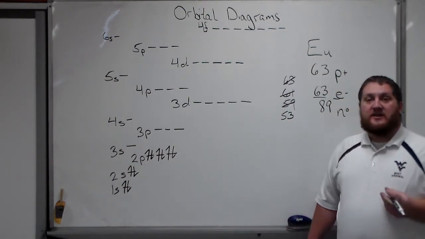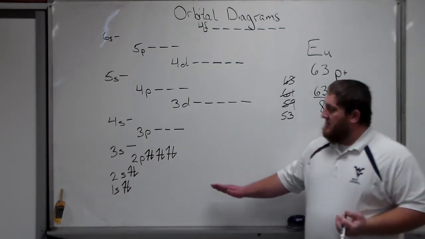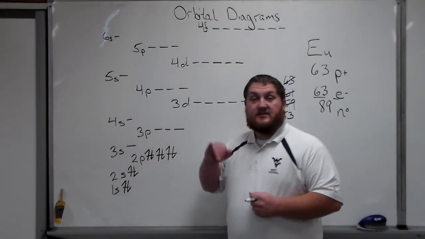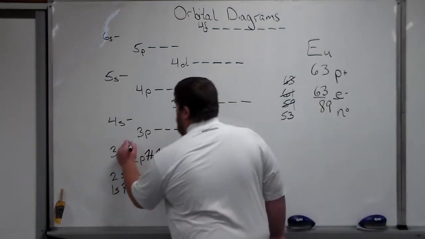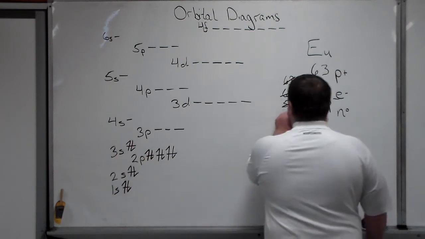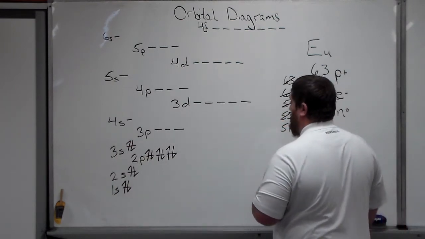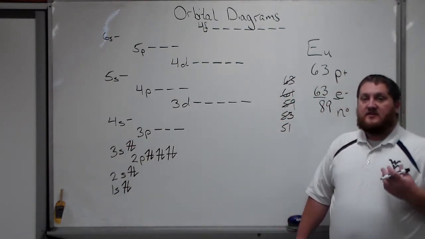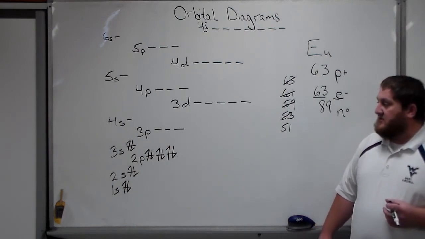So now I have 53 electrons left to place. Following my diagonal line, that takes me to the 3s. That leaves me with 51 electrons left to place.